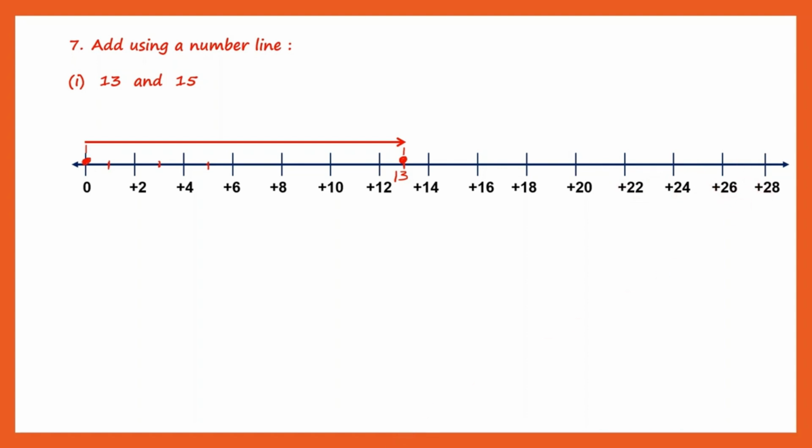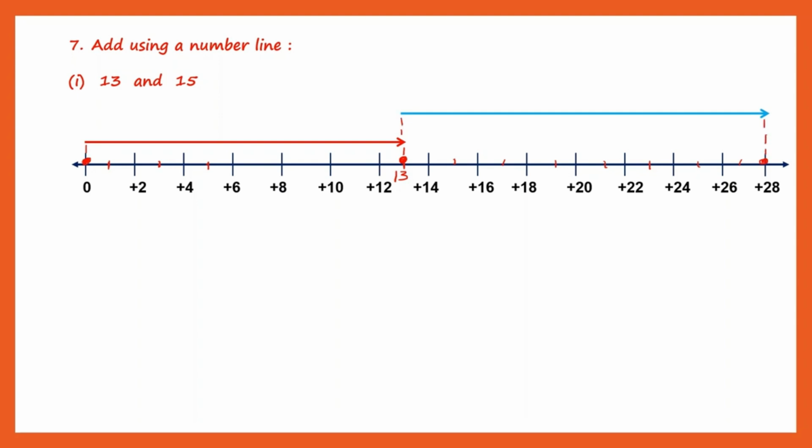That means 15 is 28. Remember, there are numbers in between which we have not shown. So these are all the numbers in between. So from 13, if you count 15 steps to the right, you will reach 28. So we have 28 there. So we started from 13 and we have reached 28. So what did we do?